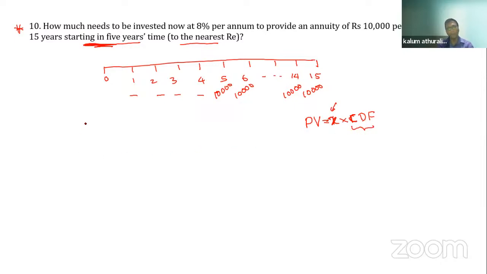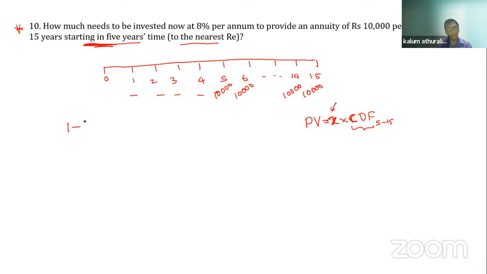We want the CDF for 5 to 15, because the payments run from the 5th year to the 15th year. Then how to find the CDF?